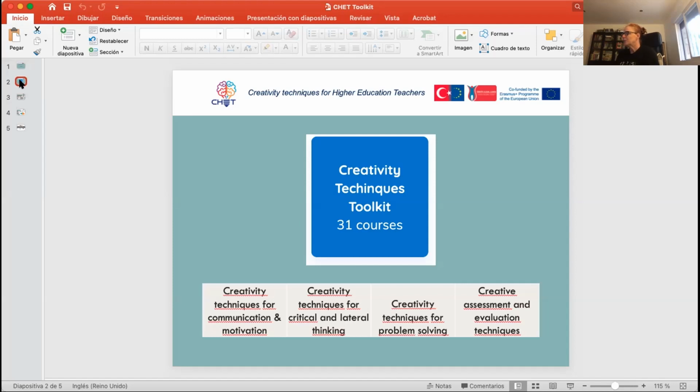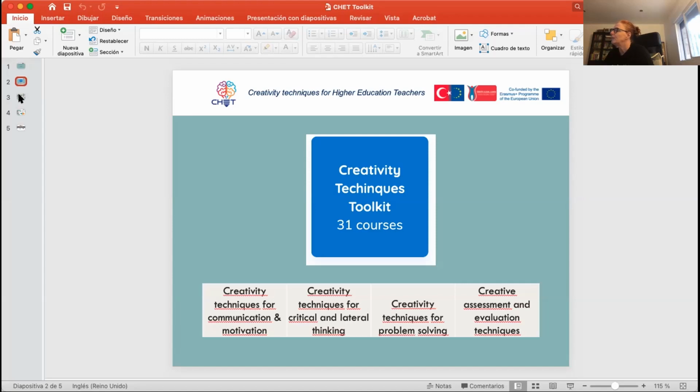Now, all the techniques have been classified according to these 4. Of course, some creativity techniques that we've selected cover more than one area. So there are creativity techniques which, for example, are related to motivation, lateral thinking, and problem solving, for instance. So you can search on the basis of this classification.